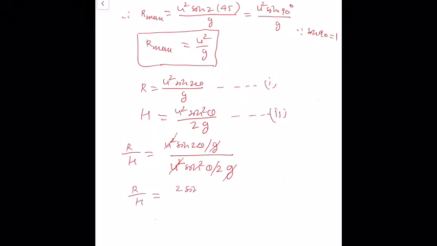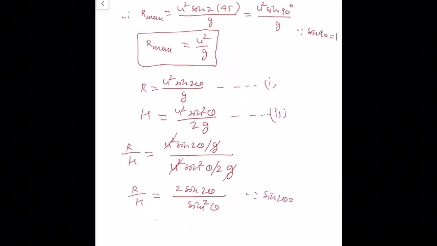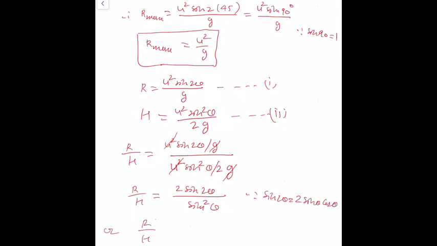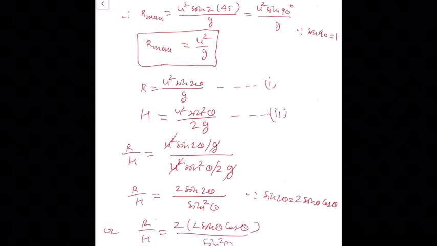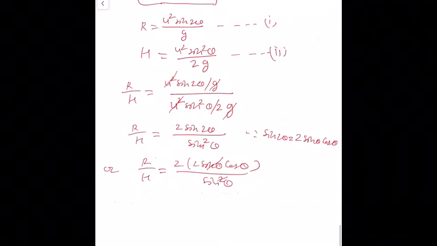So R upon H is equal to 2 sin 2 theta upon sin square theta. Since sin 2 theta is equal to 2 sin theta cos theta, R upon H is equal to 2 into 2 sin theta cos theta upon sin square theta.